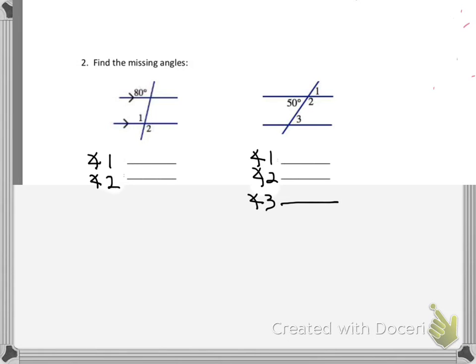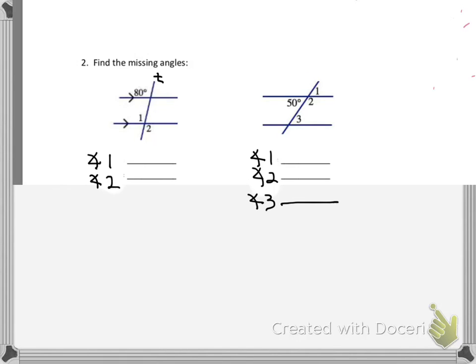Okay, so here's question number 2. They want me to find the missing angles. I have parallel lines, and I know they're parallel because I have these little arrow symbols. So I have parallel lines cut by a transversal, and here's my transversal right there. So how do I solve for these angles?